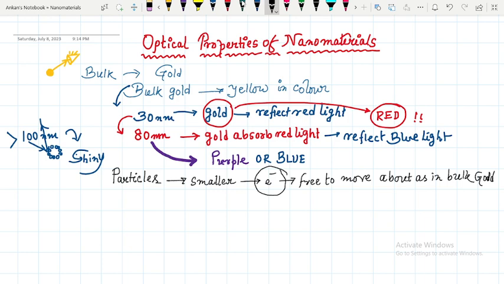That is the restriction of the motion of the quantum particle, known as quantum confinement, and the arrangement necessary for this gives the quantum confinement conditions. Okay. So by this process, when the particles get smaller, the electrons inside will not be free as compared to the bulk gold. So the movement of the electron is restricted.